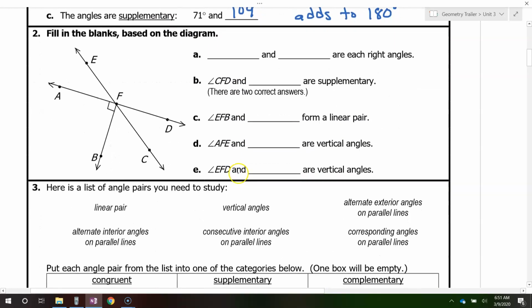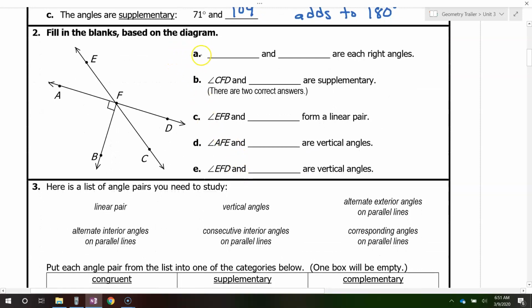Okay, problem number 2. Blank and blank are each right angles. All right, so we're looking for 90 degrees, and I see the little box right here that tells me that this angle is 90 degrees. So that's angle AFB, for example. Angle AFB.